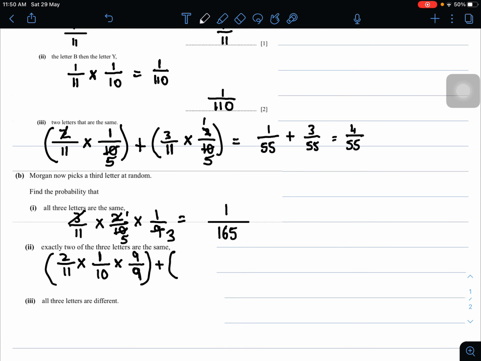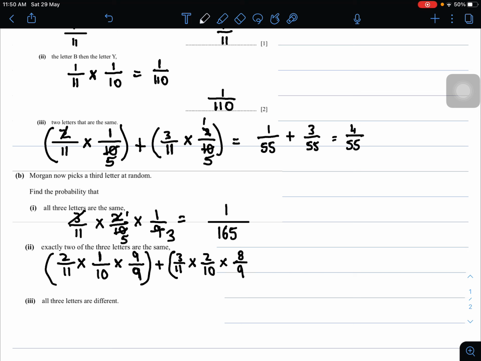So you take the probability of picking an I on the first attempt, that is 3 divided by 11, because there are 3 I's and a total of 11 cards, multiplied by, now 1 I is taken away and that 1 I is a card itself, so the total number of cards reduces to 10 and the total number of remaining I's reduces to 2. Now for the third pick, we need a random letter that is not I, and there is still 1 I remaining. So we know for sure that there are 9 cards remaining, but we can't pick any of the 9 cards. We need to pick 8.